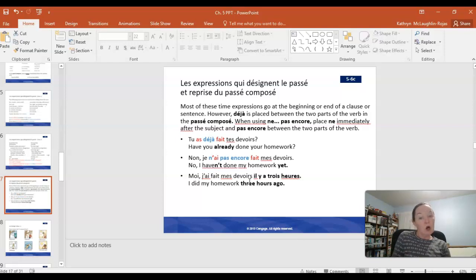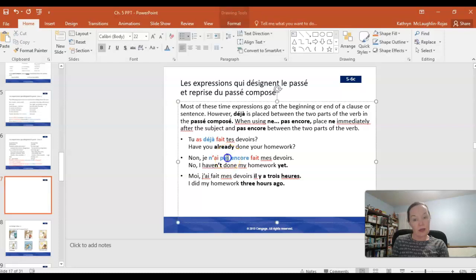All I'm doing with encore is just adding it to the end of ne pas. So, je n'ai pas encore, and usually this would be a liaison, the S moving into encore, starting with a vowel. Je n'ai pas encore fait. I haven't done my homework yet, or I haven't yet done my homework. So it's just adding an extra degree of description there.